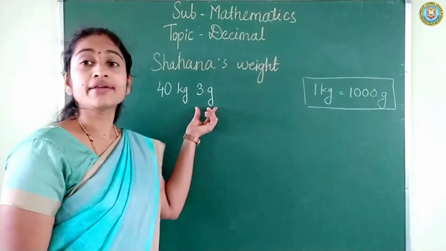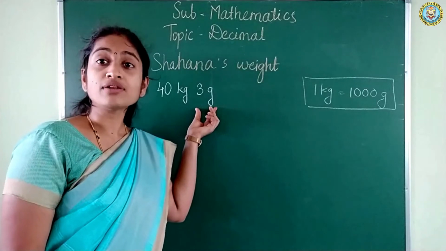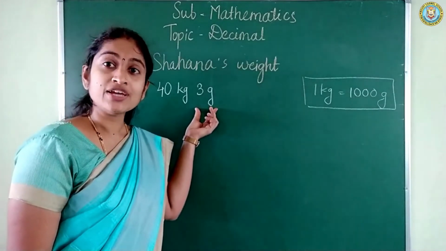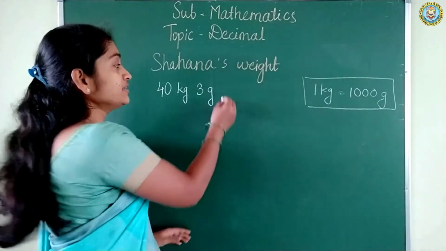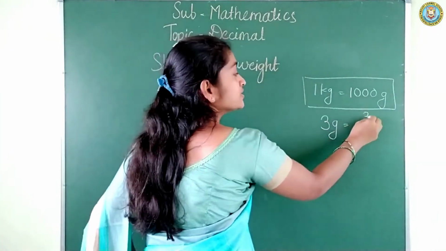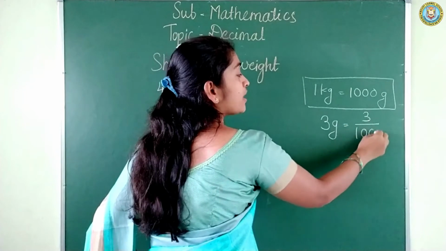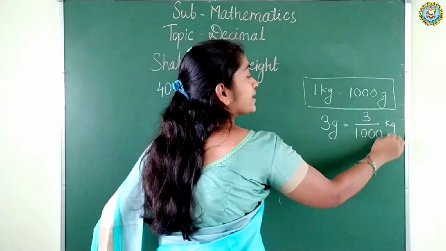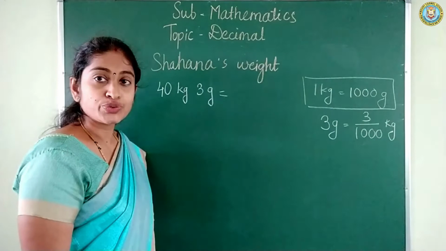Now, here 3 grams is there. How to convert this 3 grams into kg? 3 grams is nothing but 3 divided by 1000 kg. Isn't it, my dear students?